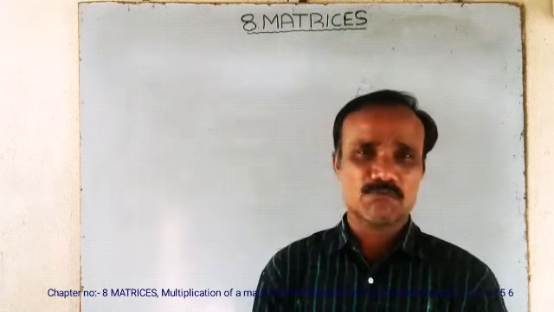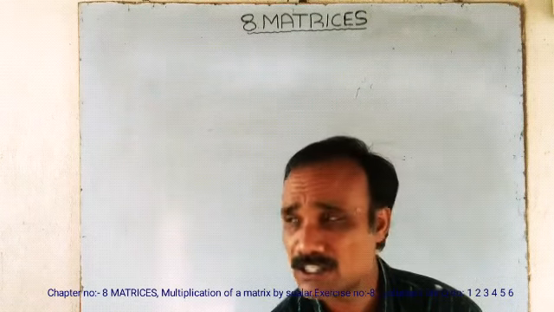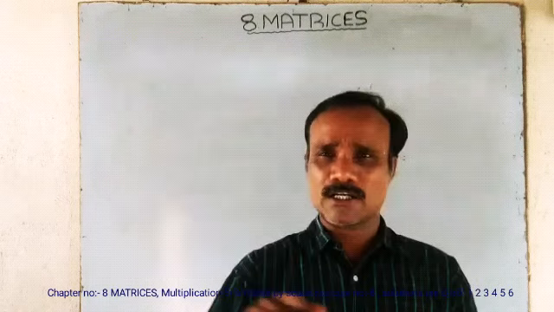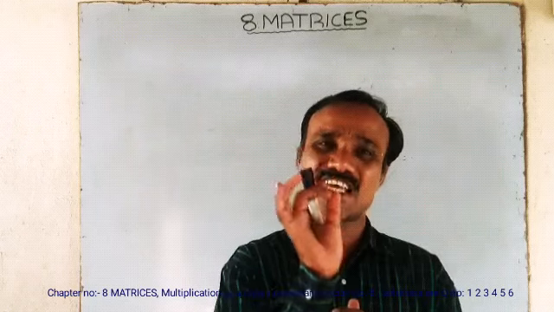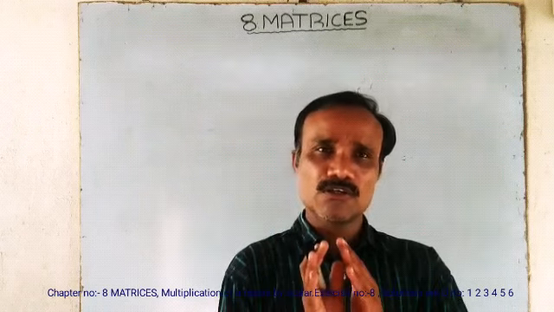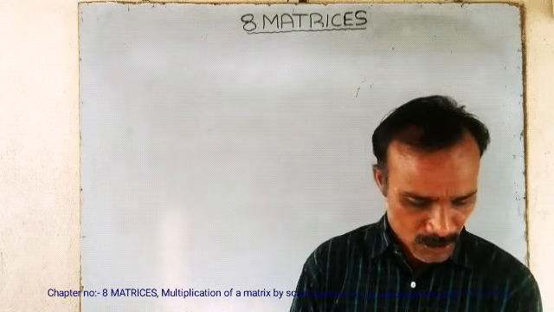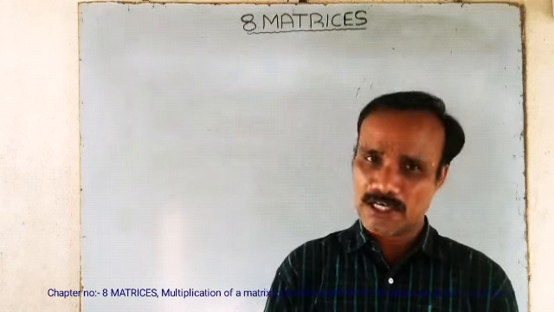If both A and B matrices have the same order, that is very important, whatever it may be, either rectangular matrix or square matrix, both matrices having the same order, then we can say that these matrices are conformable for addition.